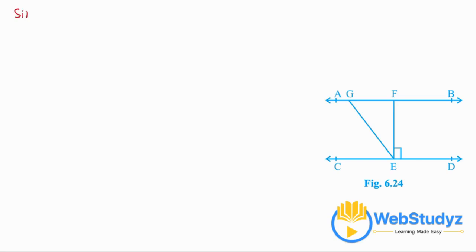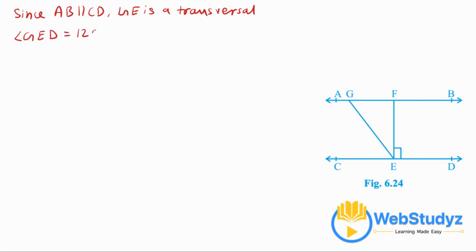We can say that since AB is parallel to CD, GE is a transversal. Also we have given that angle GED is 126 degree.